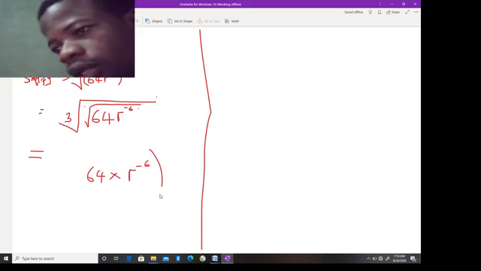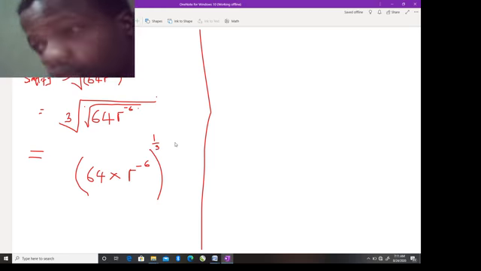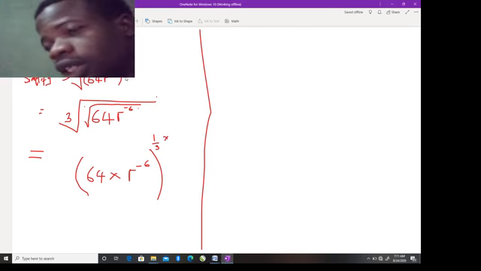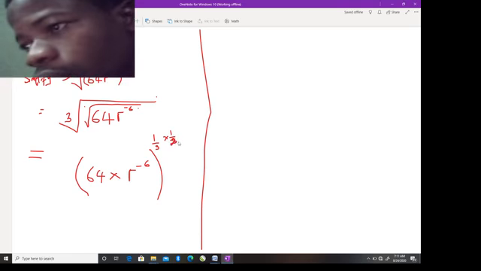Then the third root will give you 1 over 3. Then you have it again, raised to the power 1 over 2. That power of 1 over 2 is not for r, it's for everything. So you still bring down 1 over 2 here.